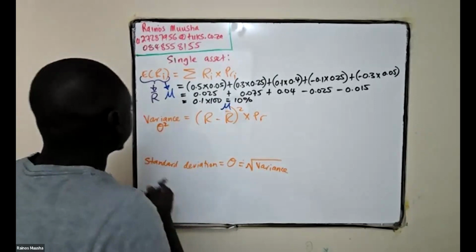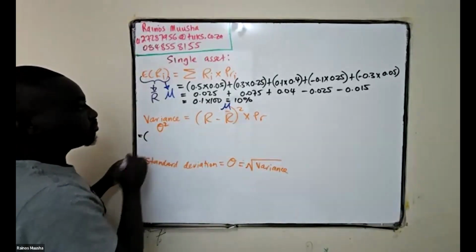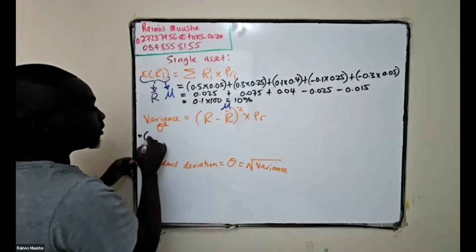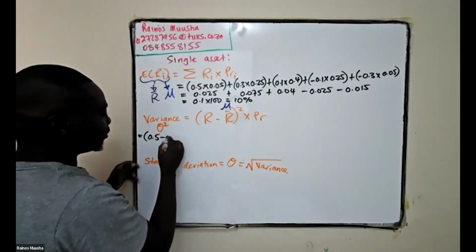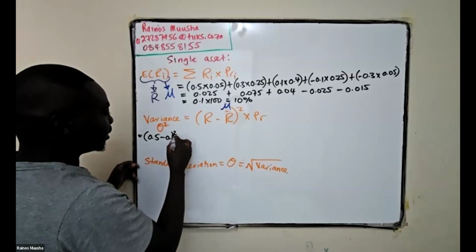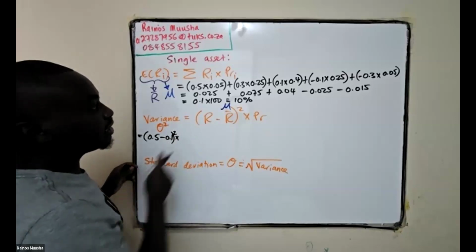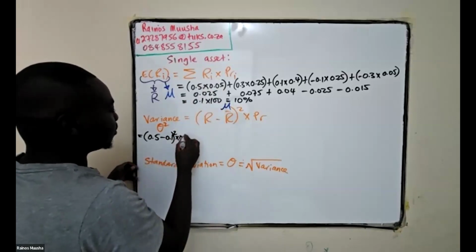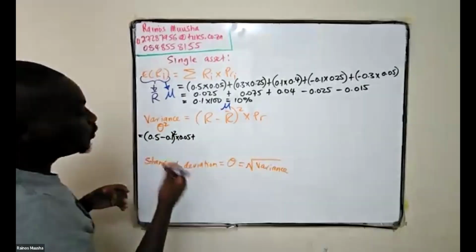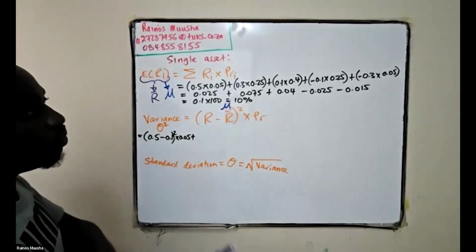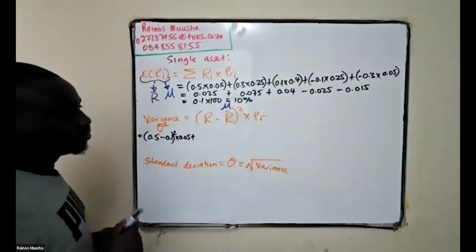Which means for the first scenario, in brackets, your observed return was 50%, is 0.5. Your expected return is 10%, is 0.1, squared multiplied by the probability of earning that return, which we said is 0.05. Plus, because you are doing it for all these different scenarios.